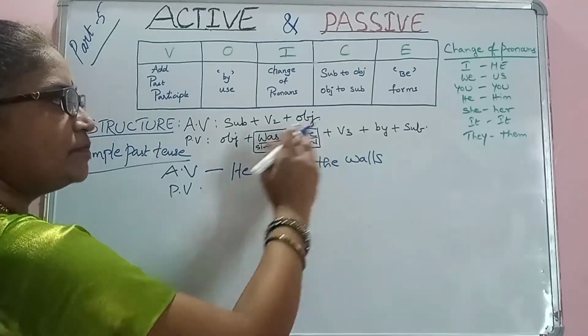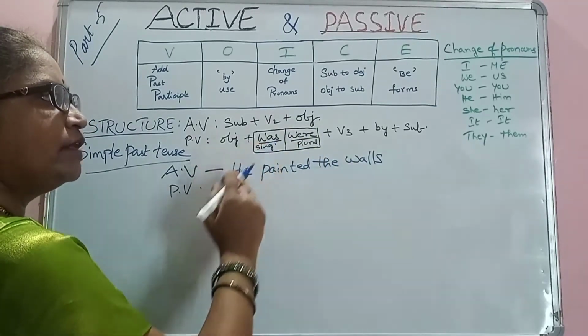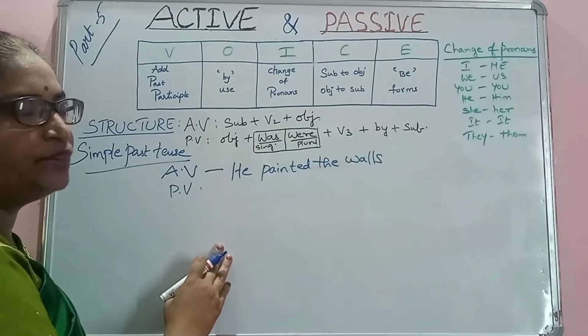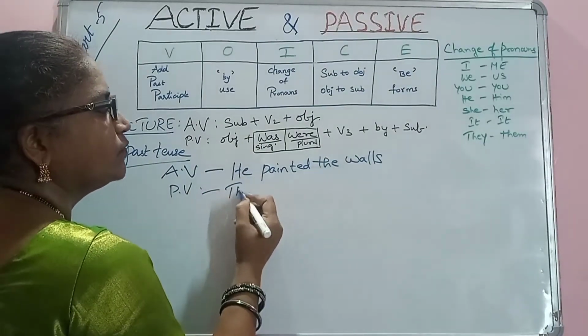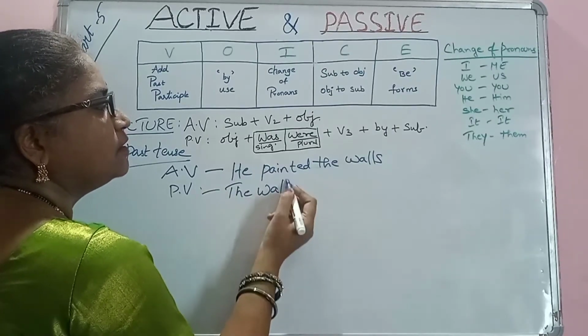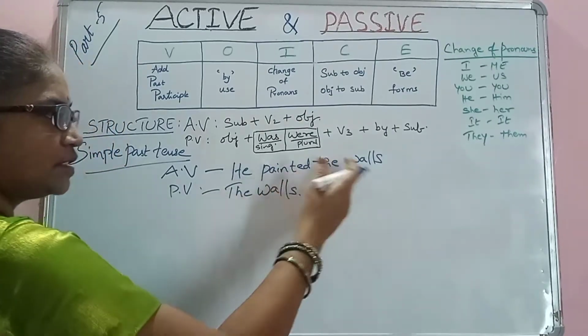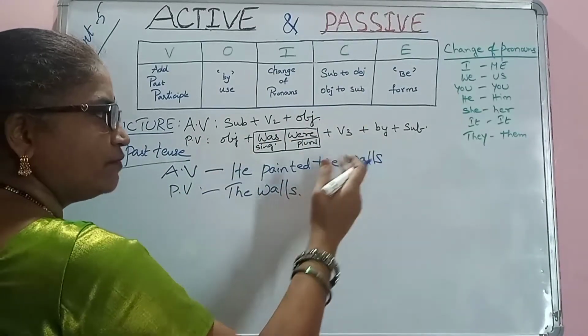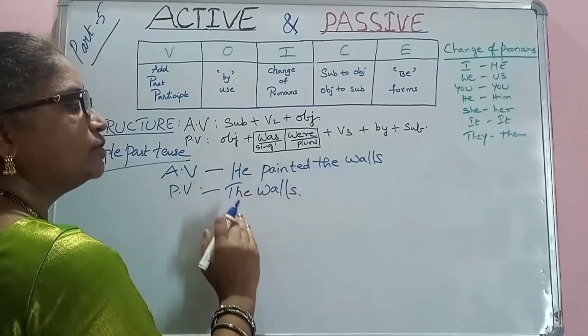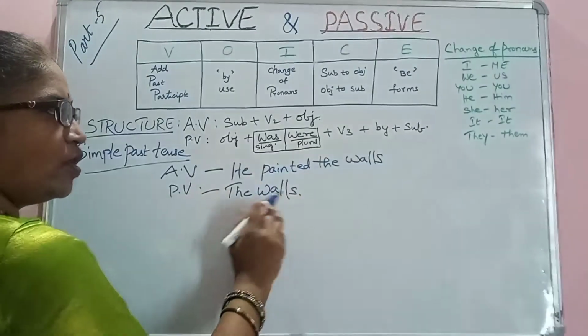As per the rules, when we change into passive voice, the walls comes over here. The rule is: the subject goes to the object place and the object comes to the subject place. Now the object has come to the subject place: the walls.